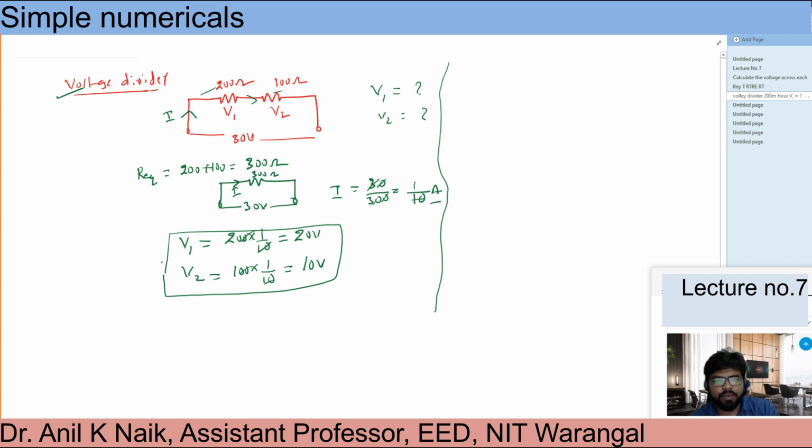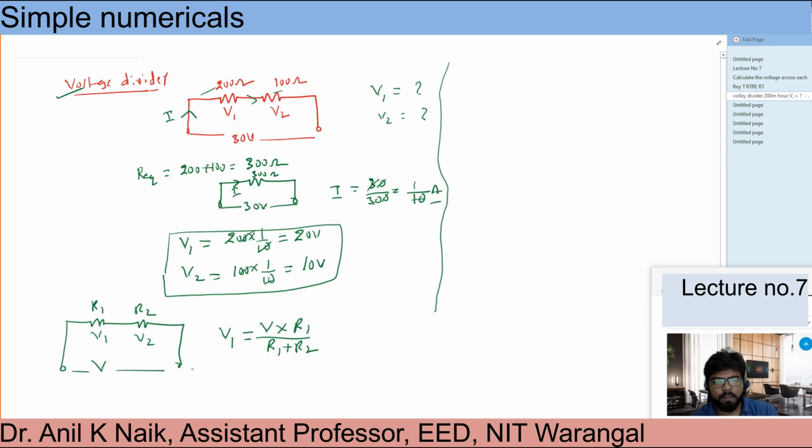So you already know that if two resistors are connected in series, with the supply voltage V, R1 and R2, and you want to find V1 and V2, then V1 can be taken from the expression we have already derived. V1 is the supply voltage times the resistance where we want to find V1, divided by the sum of the total resistance.